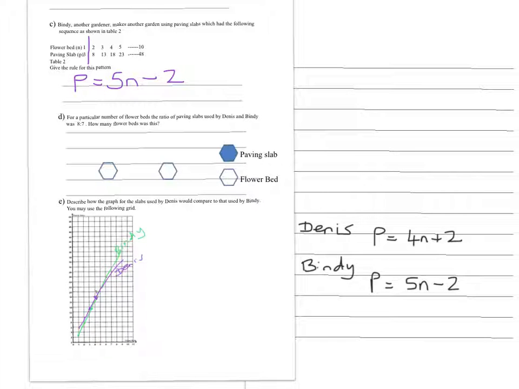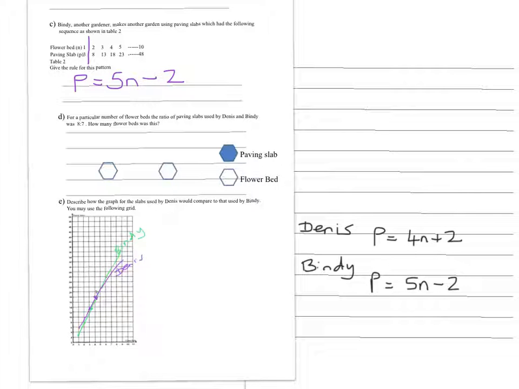And we can draw that in a graph and in E. We can compare Bindi and Dennis. If you graph both of the amounts of slabs that they need for the gardens, and there's a ratio of 8 to 7.